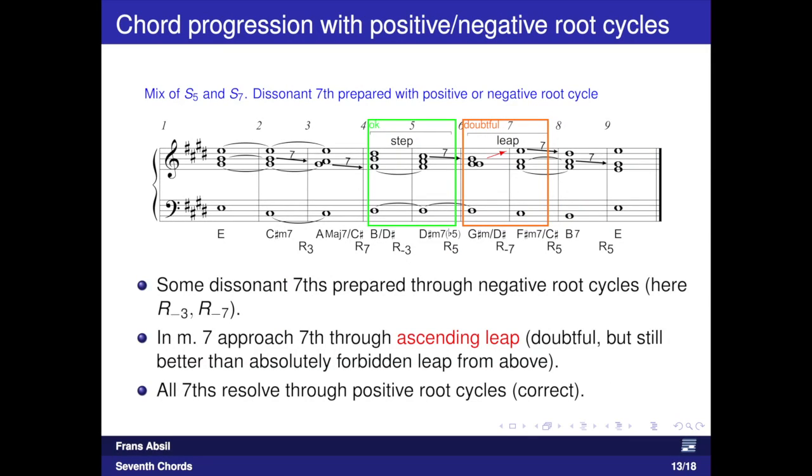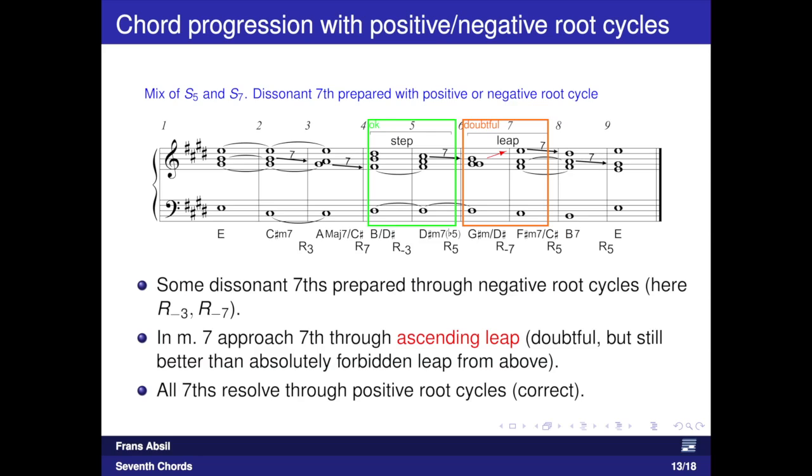Let's return to the situation where we have negative root cycles in the chord progression. In this example, they are used twice as a preparation of the seventh. In the first case, measure 4-5, the R-3 yields an acceptable descending step D sharp to C sharp into the seventh.